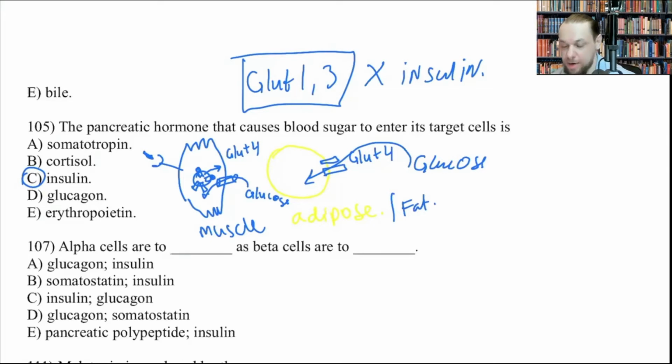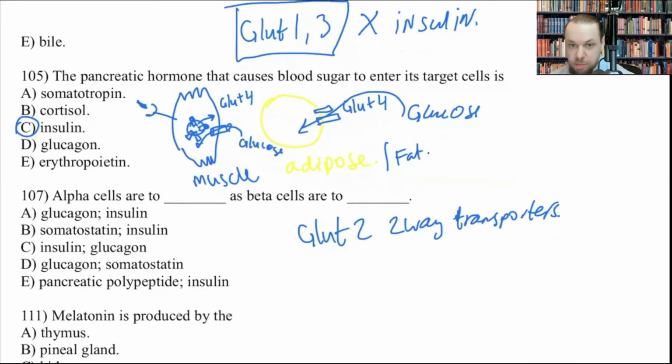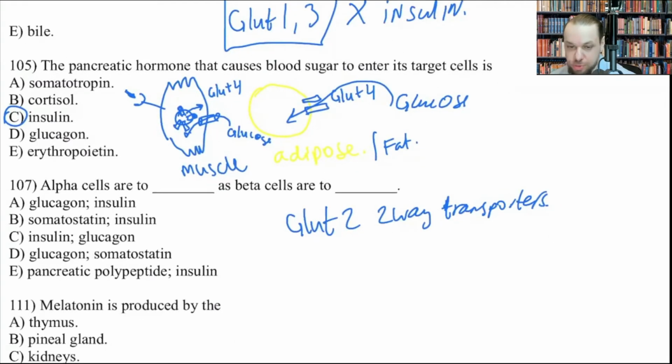Glucose type 4 are found in muscle and in the adipocytes. There is another organ that has glucose type 2. These are two-way transporters.